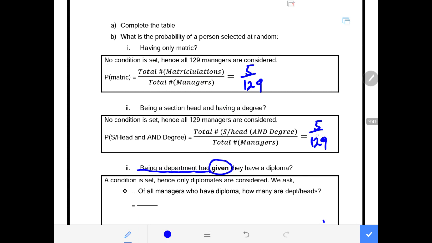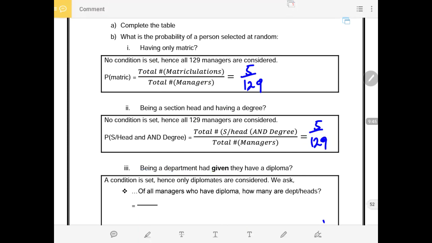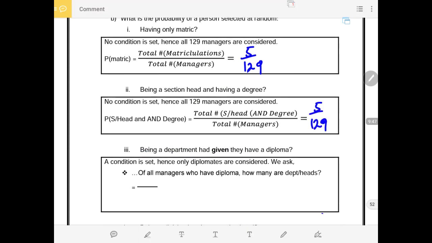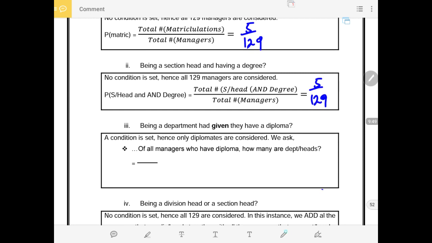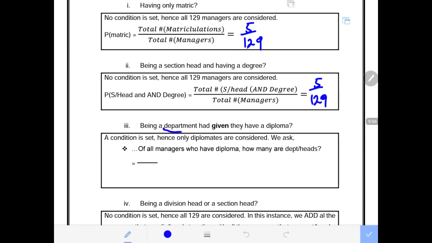Meaning we don't divide by 129 anymore, but we divide by what they say is given to us.